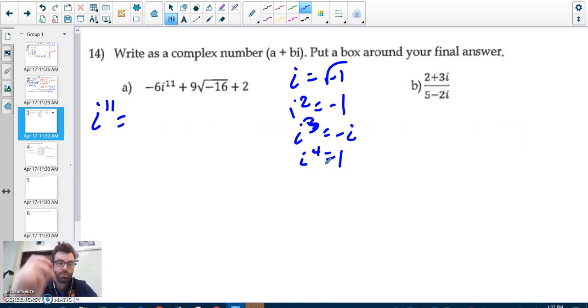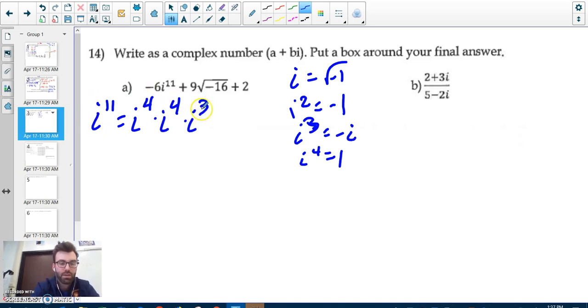That is why we want to put everything in terms of 4s. So i to the 11th is really i to the 4th times i to the 4th times i to the 3rd.